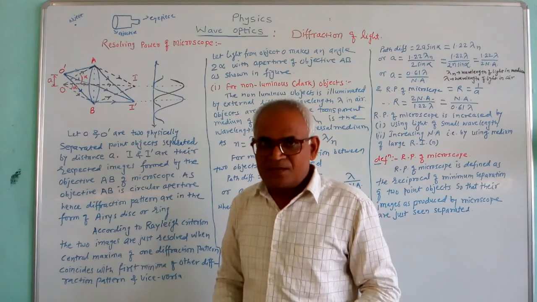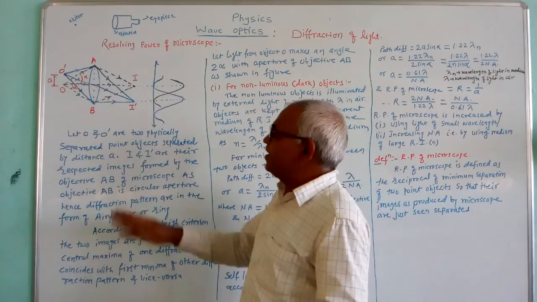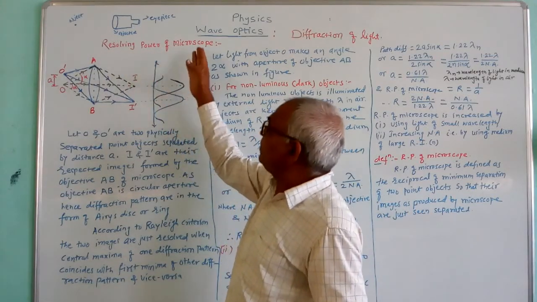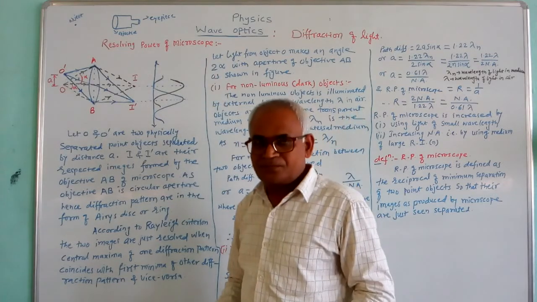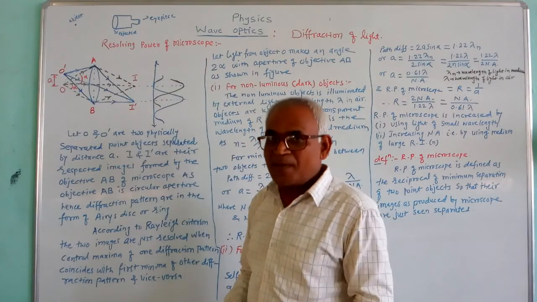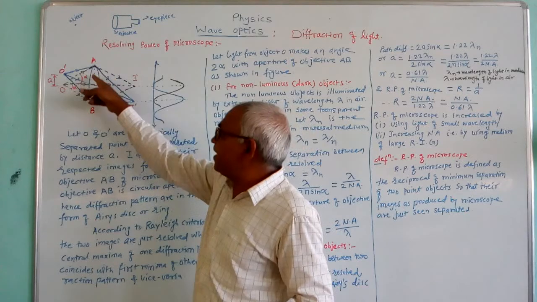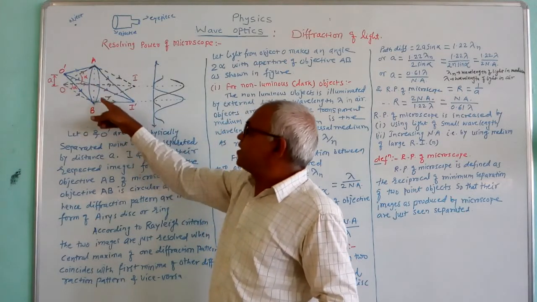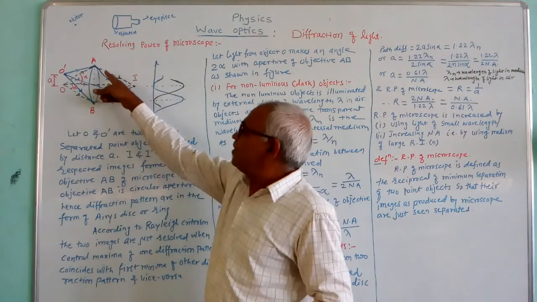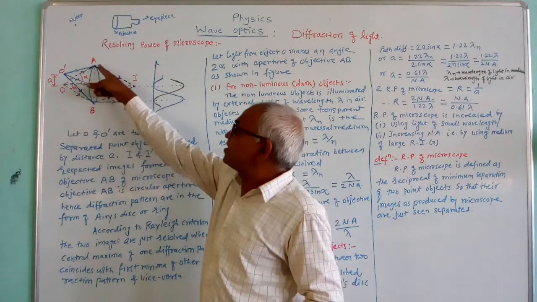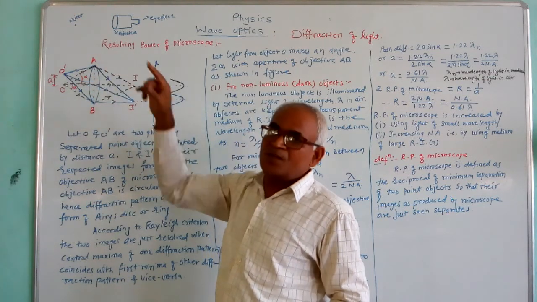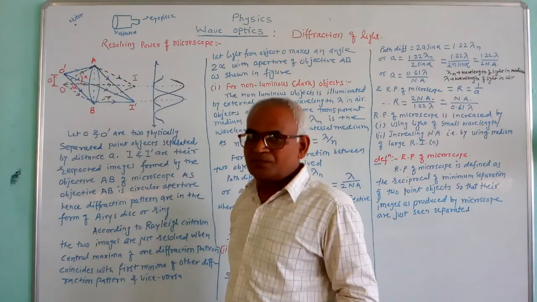Now here, first of all we have to see the resolving power of the microscope. For this purpose, let us suppose that AB is an objective, that means the aperture of the objective of the microscope.